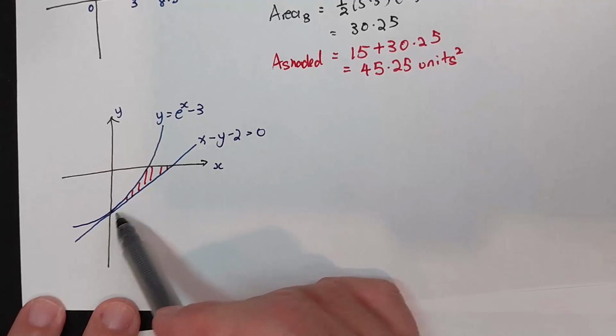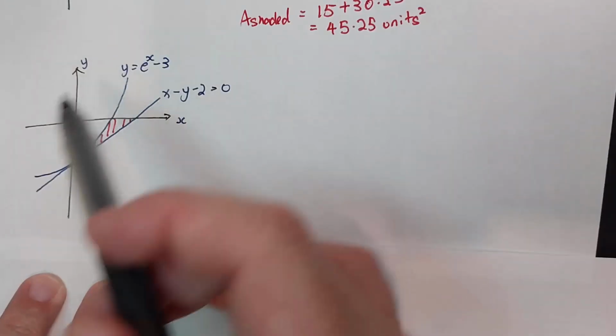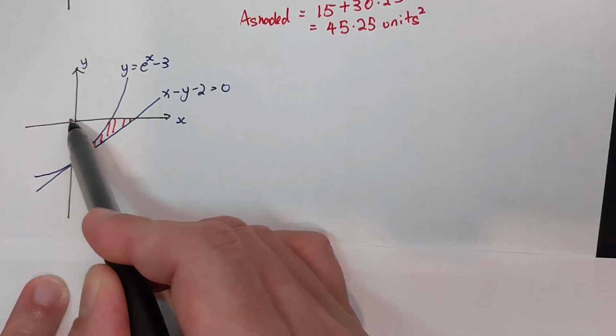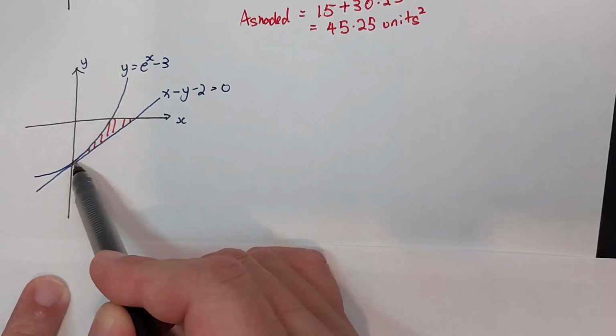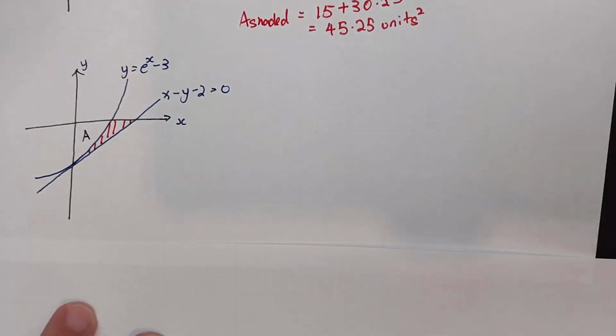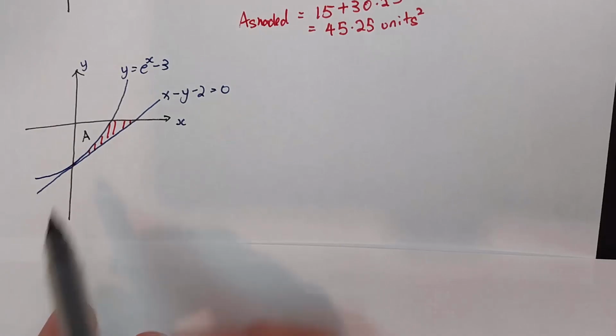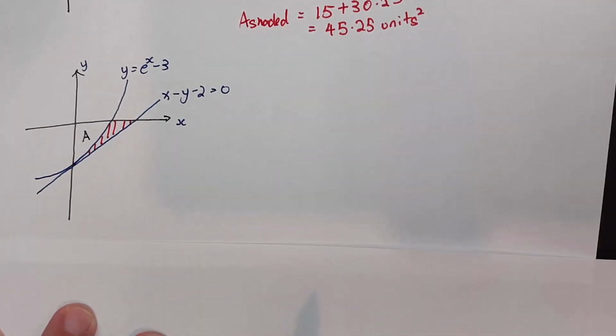So we are asked to find the area of this red shaded region here. So you realize that if we use the area of this big triangle here and subtract this region A, we will get the red shaded area.